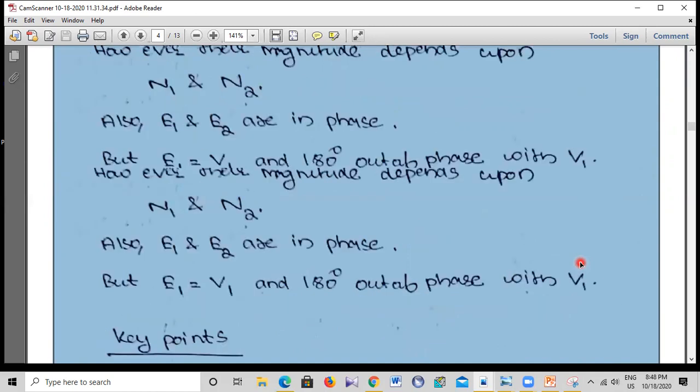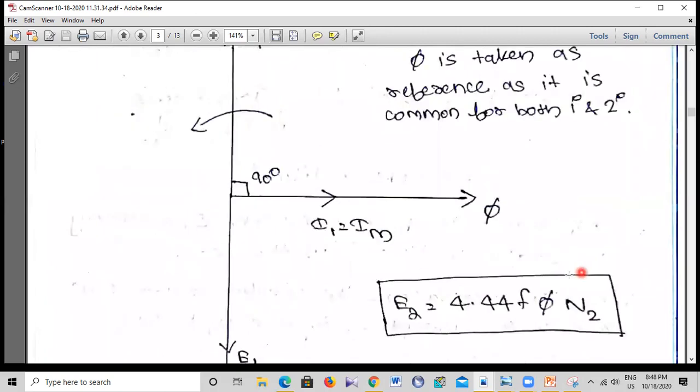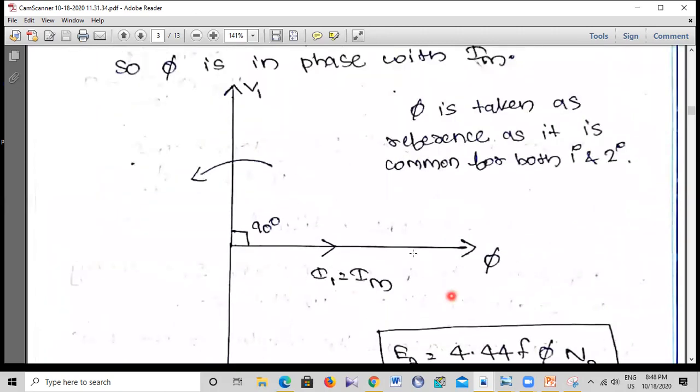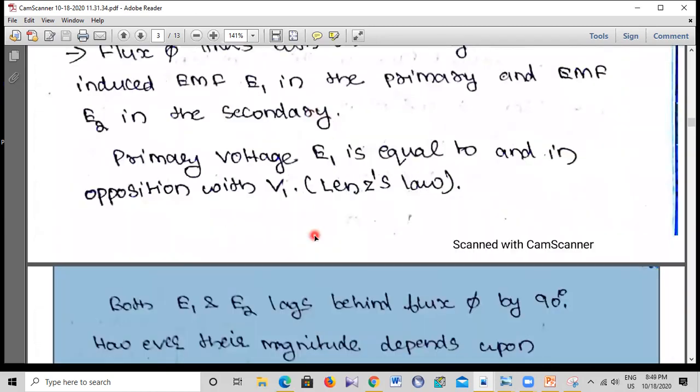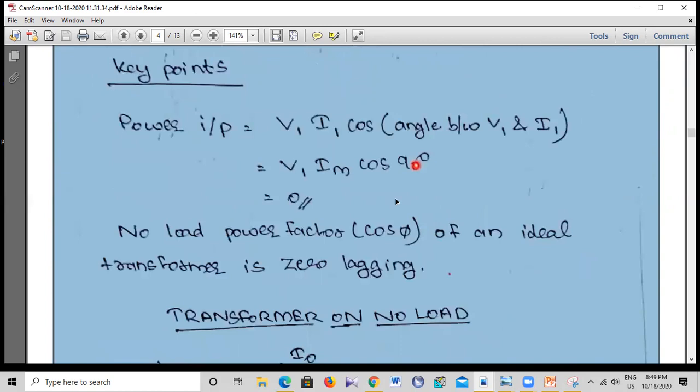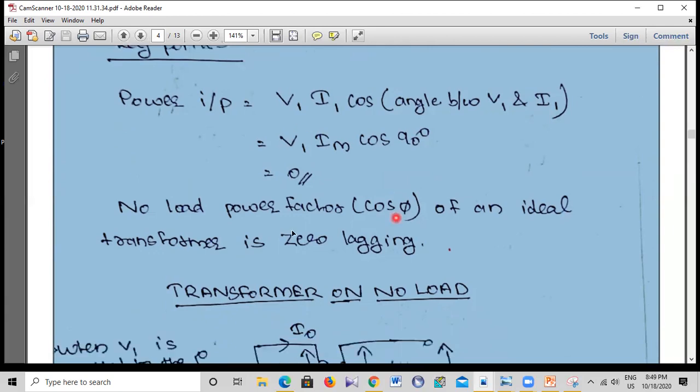We saw here that the angle between V1 and I1, primary voltage and primary current, which is the magnetizing current, is 90 degrees. So power will be V1 I1 cos 90. We know that cos 0 is 1, but cos 90 is 0. So the power input is 0. We can say that the no load power factor cos phi of an ideal transformer is 0 lagging. Okay. And the input power is also 0.